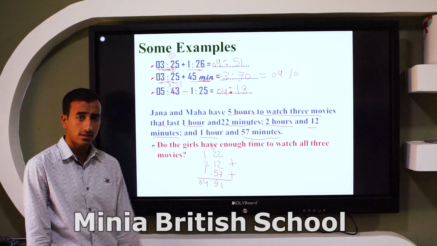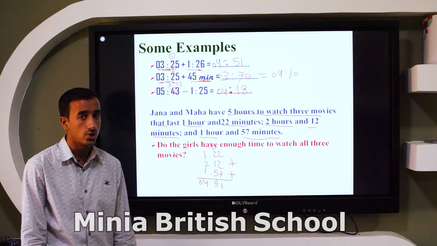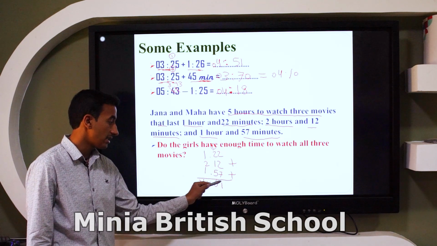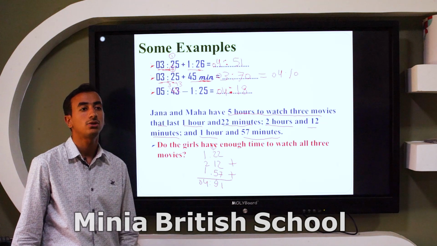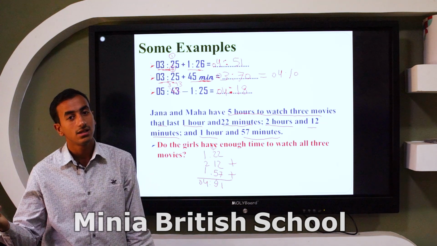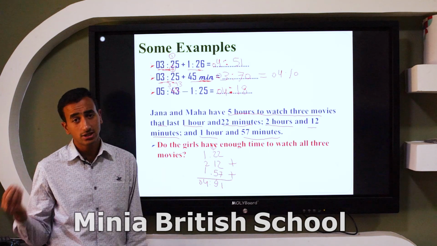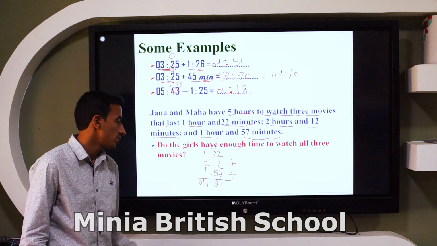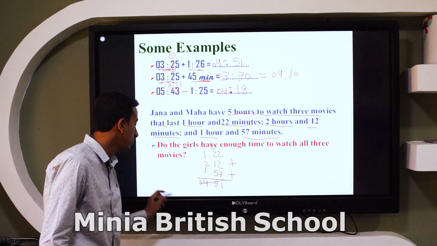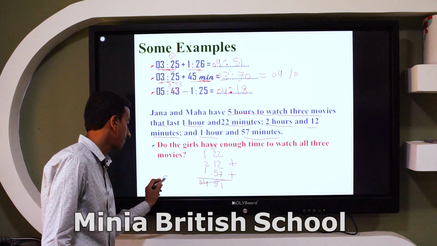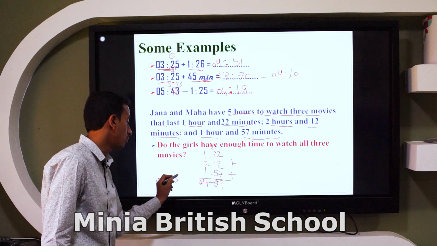Is it clear? Can we write it this way? No, so I can decompose 91 into 60 minutes and 31 minutes. Yes, excellent. 60 plus 31 equals 91. So I can replace this time with 5 hours and 31 minutes.